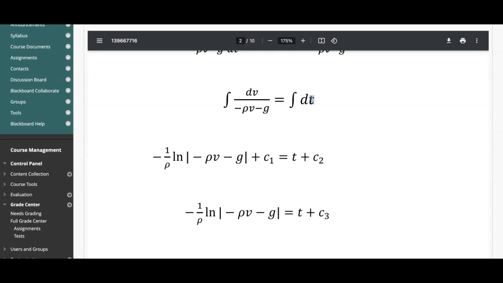On the right-hand side, our variable is t. We can factor out this negative sign, and the coefficient before v is rho, so we offset with 1 over rho, with the absolute value of this.